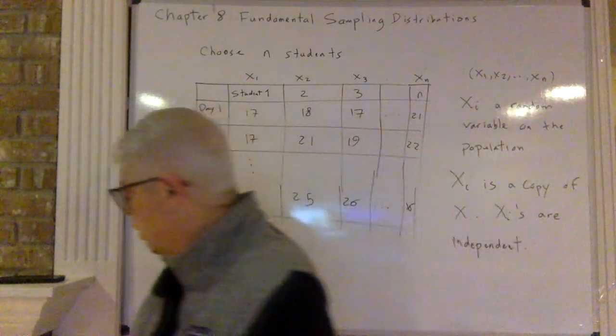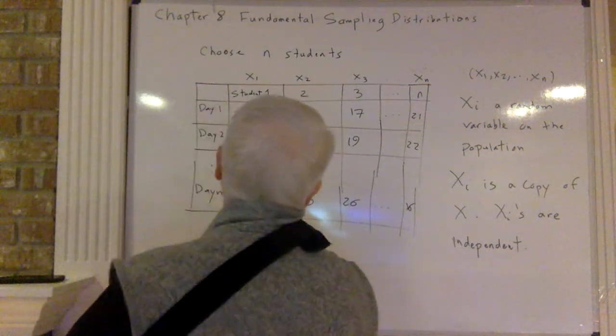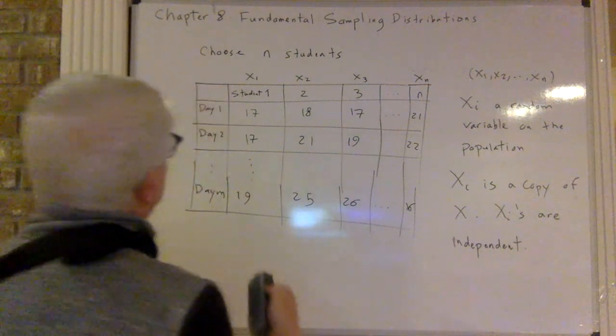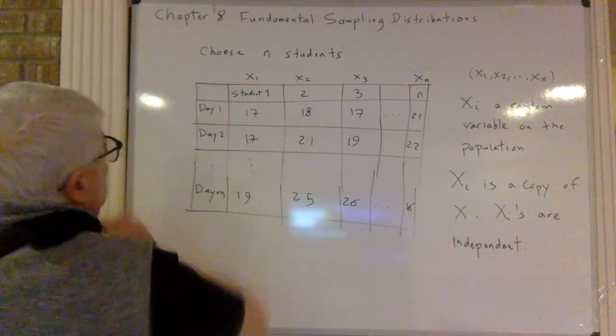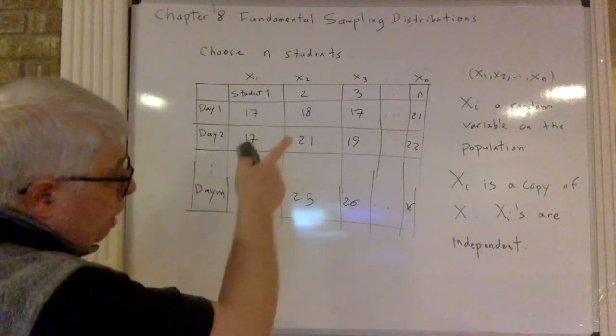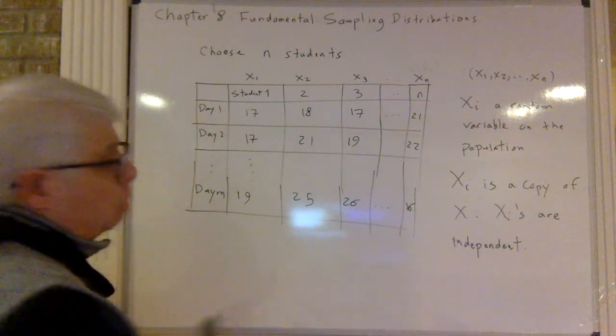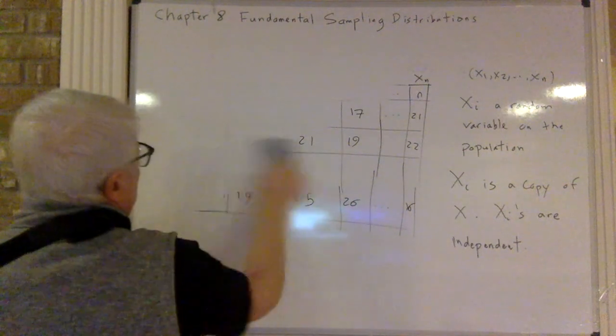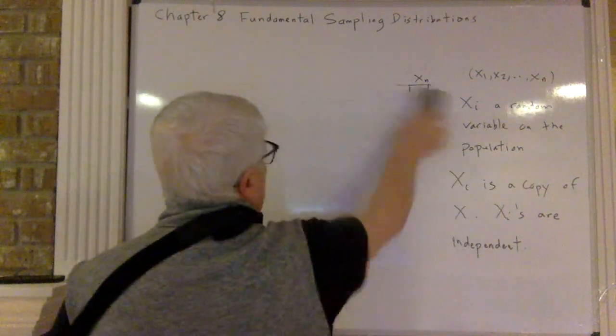So let me erase this and write down the definition of this from the textbook. The sequence, which are in fact n students in your class, that is a sample.